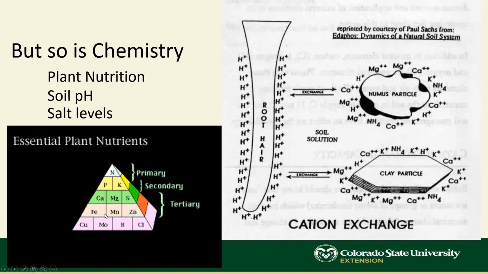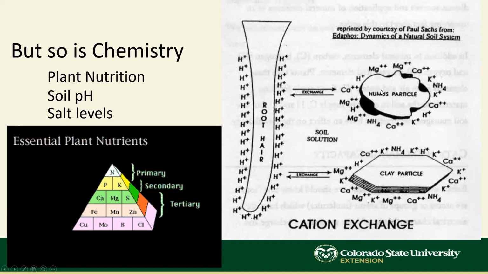This is where the fungi can become really important, because they can stretch that root system out and go find these micronutrients for those roots. We're going to talk a little bit later about clay particles, which are just little pieces of soil that these positive minerals can attach to.